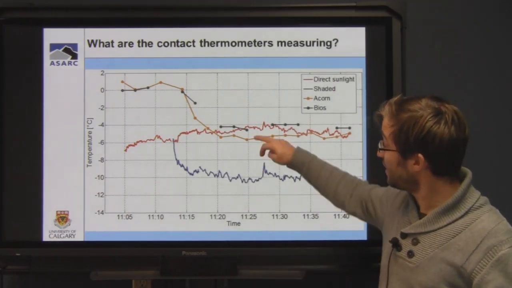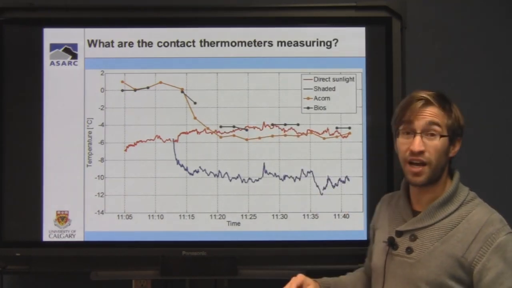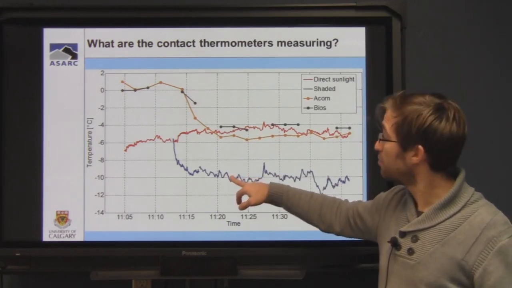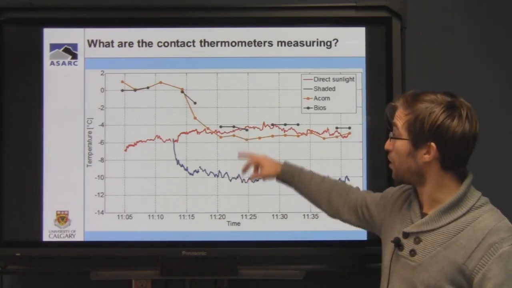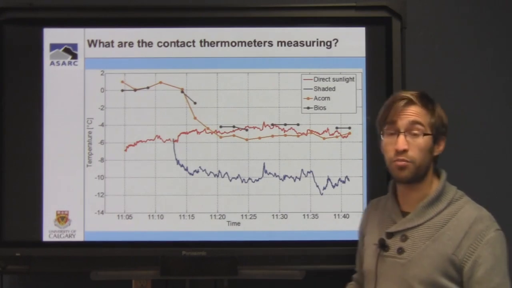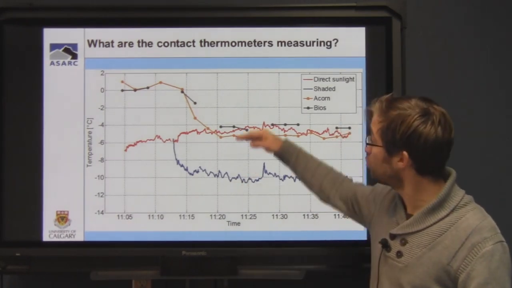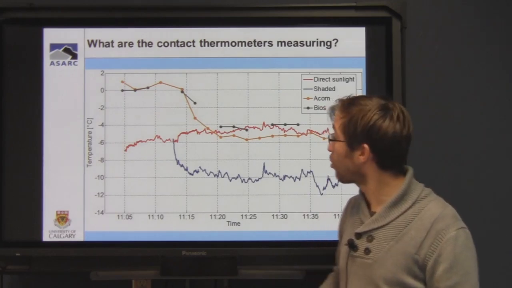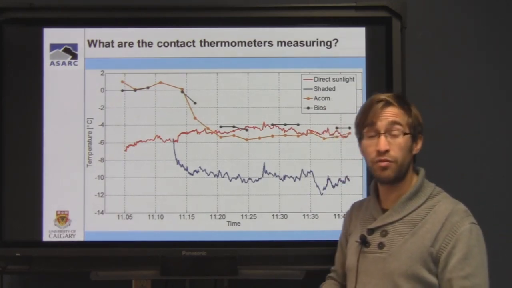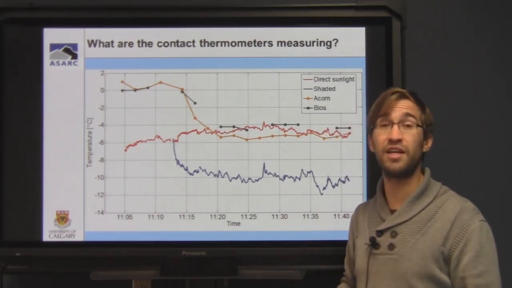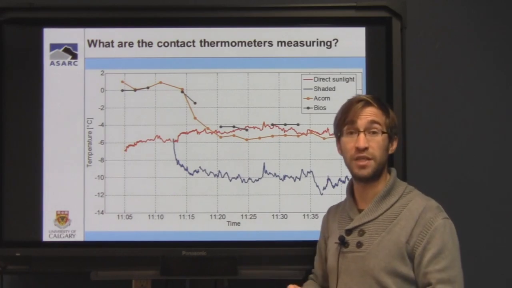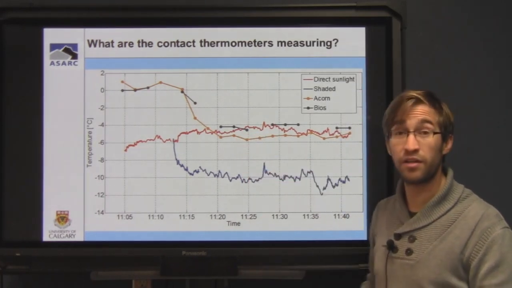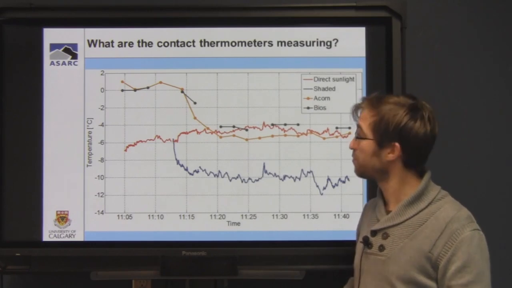However, these measurements are in the shade, so they should measure something like that. But it's quite a bit warmer, approximately 5 degrees too warm, which is caused by the diffuse sunlight which is still hitting these thermometers and causing these big differences in temperature.